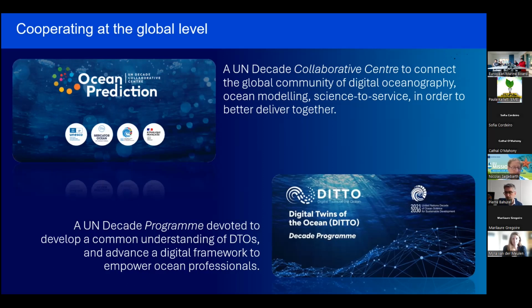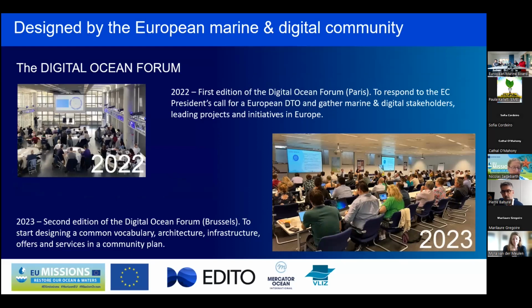So this European digital twin ocean is, from the start, a component of an international network. It has also been decided from the start that it be designed by, for, and with the European marine and digital community.